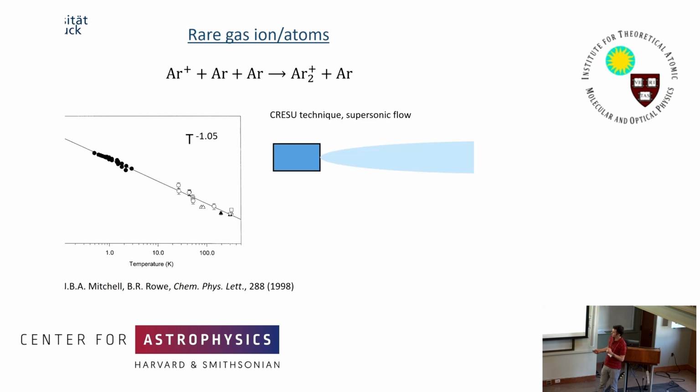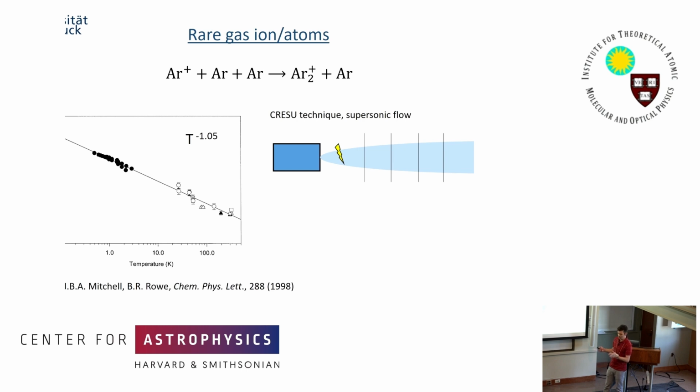And why do I say that? It's because all of these lower temperature measurements are taken with gas expanding into vacuum, right? So the supersonic flow, you have some gas, and it does supersonic expansion, and then you do some ionization at the beginning, and then these ions react at high densities, and as they fly out, they react for longer times, and it's probed at different points to see what ions are left.